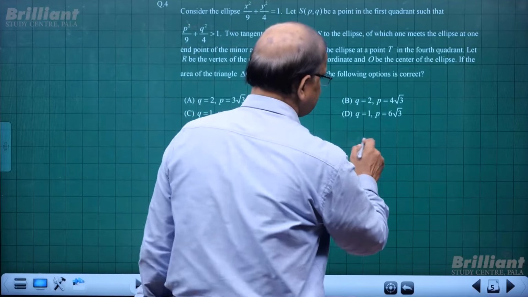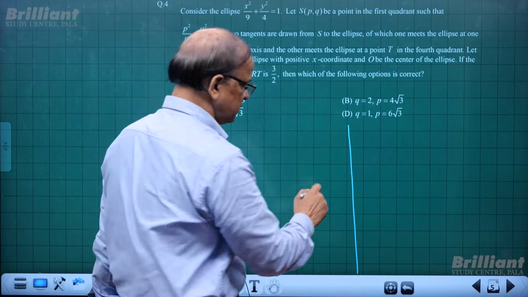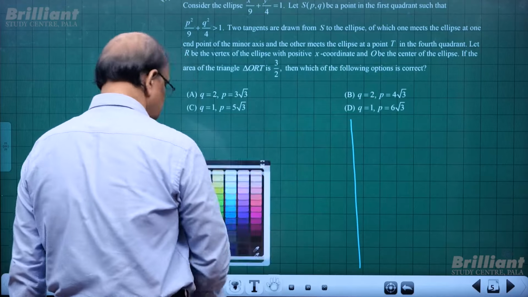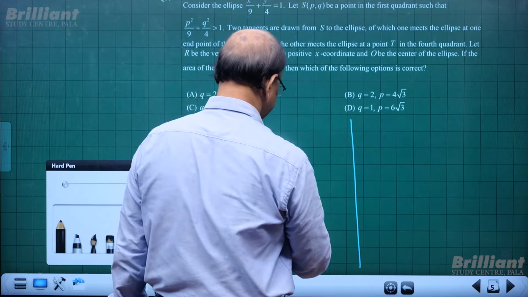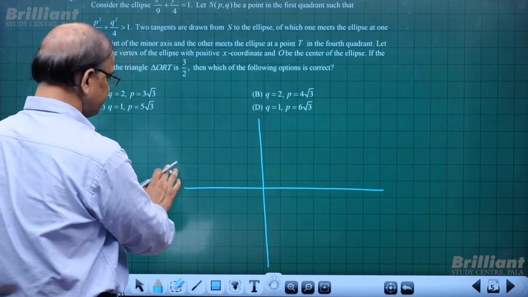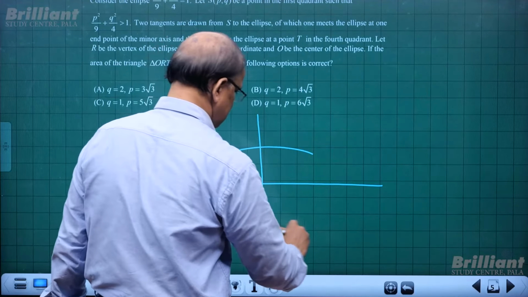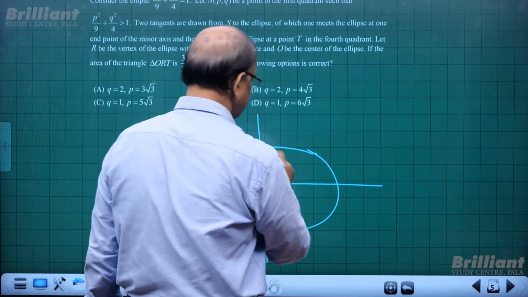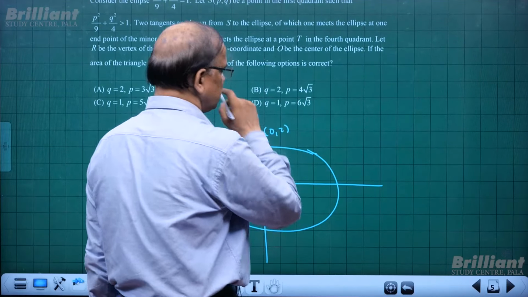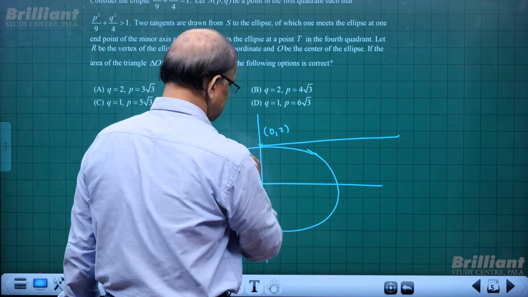So the intersection of tangents. So this is an ellipse with A greater than B, you can take it like this. So this is the ellipse, like this, okay? So this is 0, 2. This is the tangent, right?